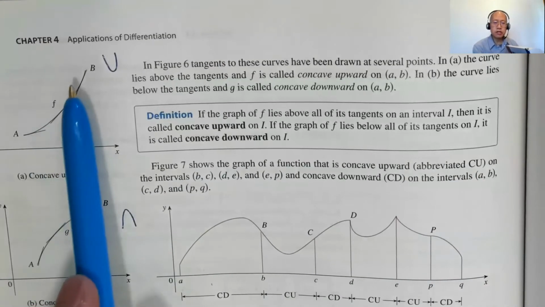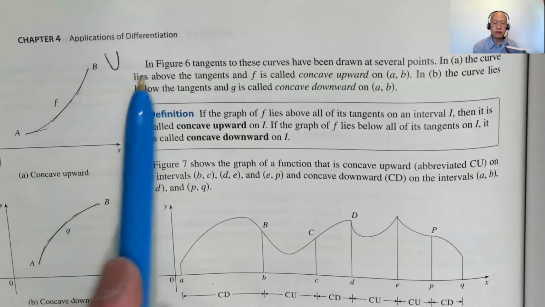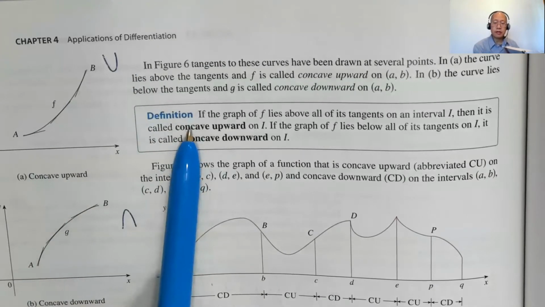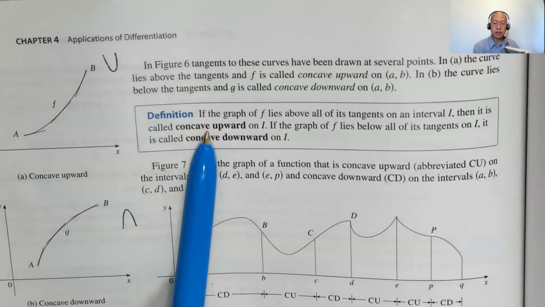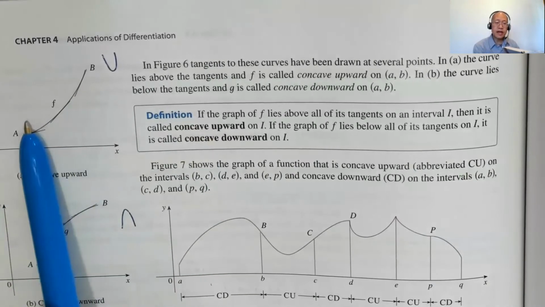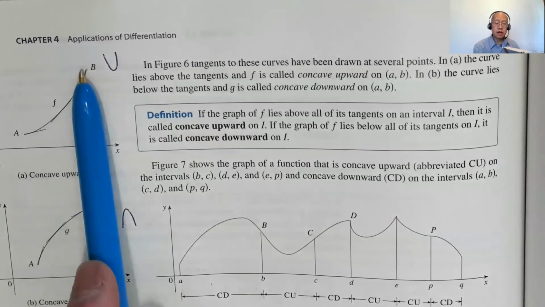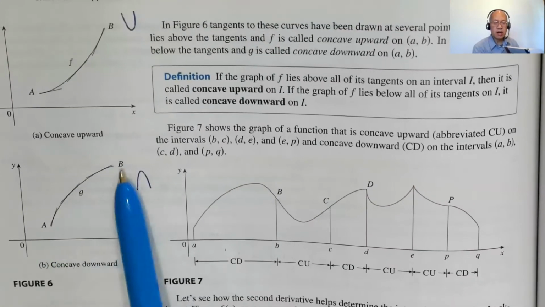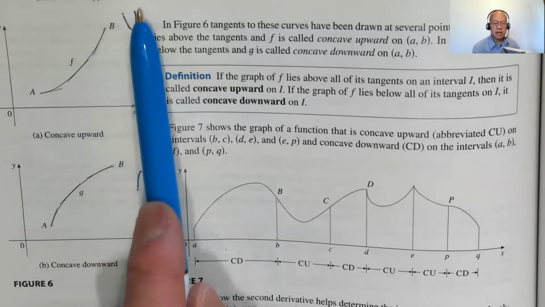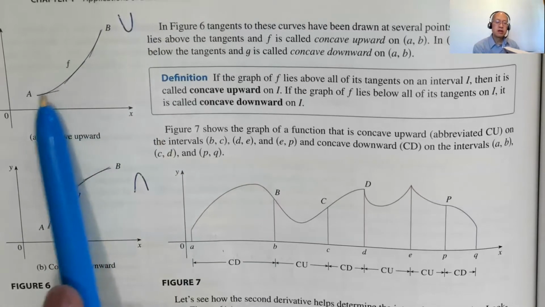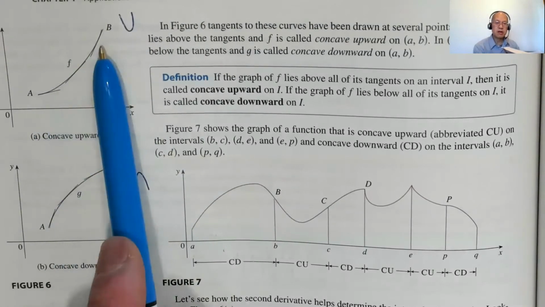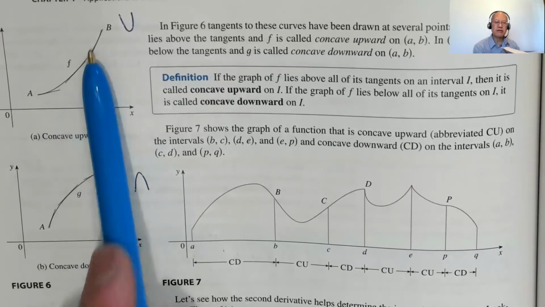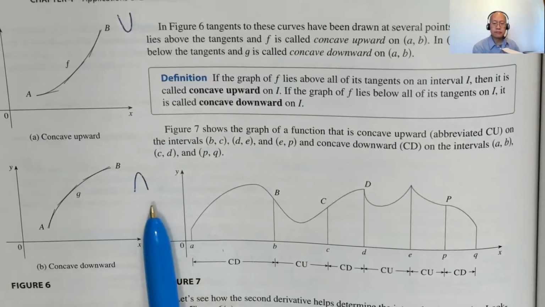Concave up, think of it as U shape, like the letter U. If you think of the letter U, very helpful that U shape starts with the letter U. If the graph is curving as a U would, it's called concave up. If it's curving like an upside down U, that would be concave down. So something like this. Now you don't have to see the entire U. If you just see a part of it, like so, that's still considered U shape. That's concave up. This is concave down.